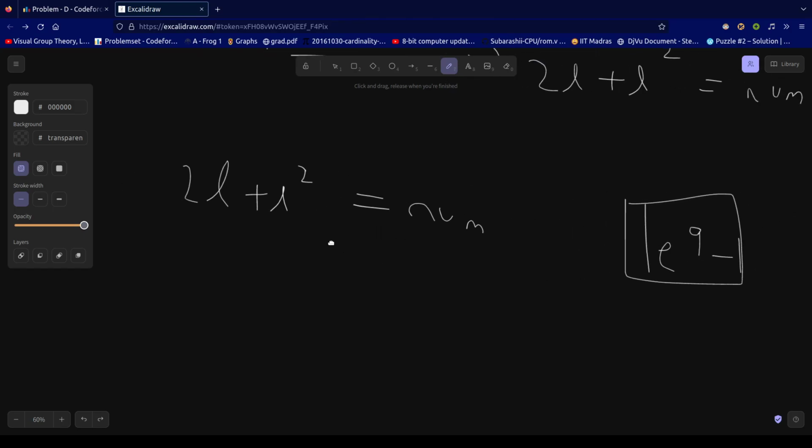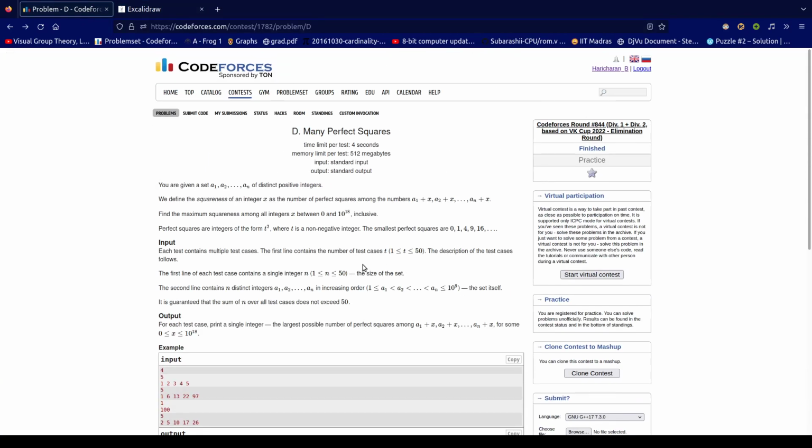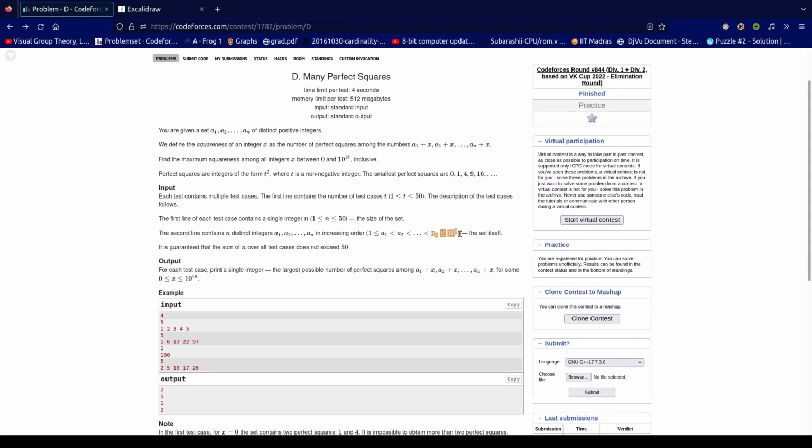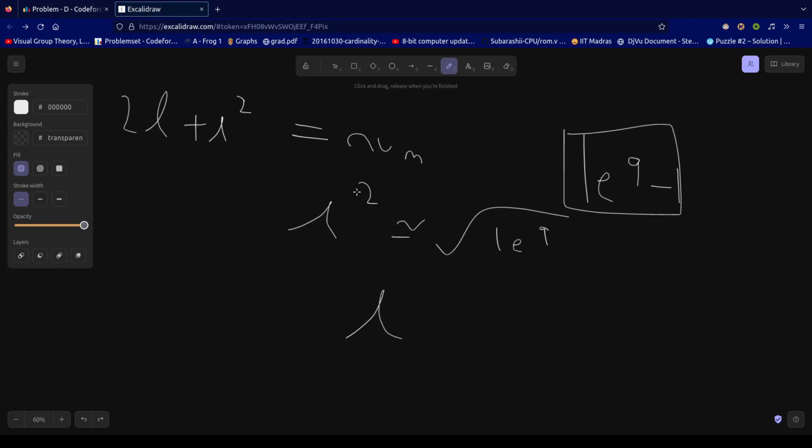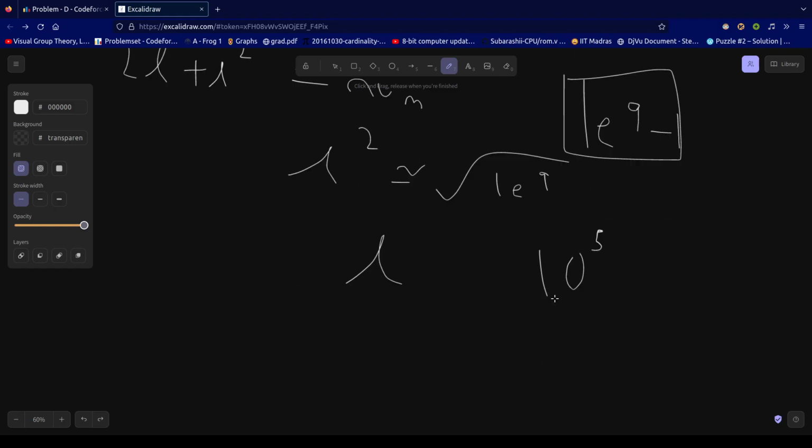So based on this 2L plus L squared, that means L squared would be of the order of 1e9. 1e9 is basically 10 to the power 9 if it wasn't clear. I have the question also here. Basically, an can be upper bounded by 10 to the power 9. That means L would be approximately the square root of 10 to the power 9. Let's assume that's basically 10 to the power 5 roughly, right? It's upper bounded by 10 to the power 5. That's good enough for us.